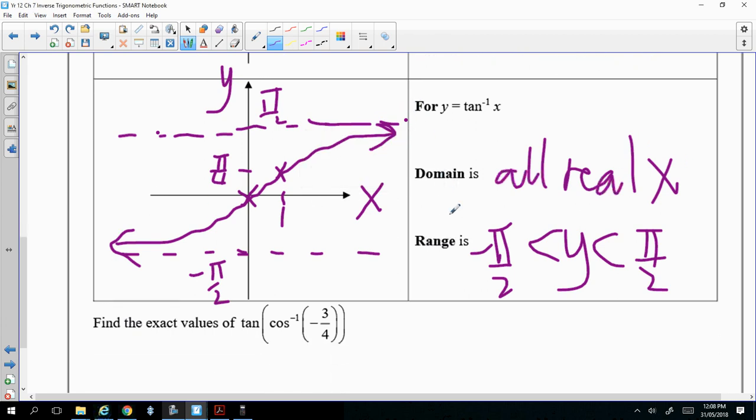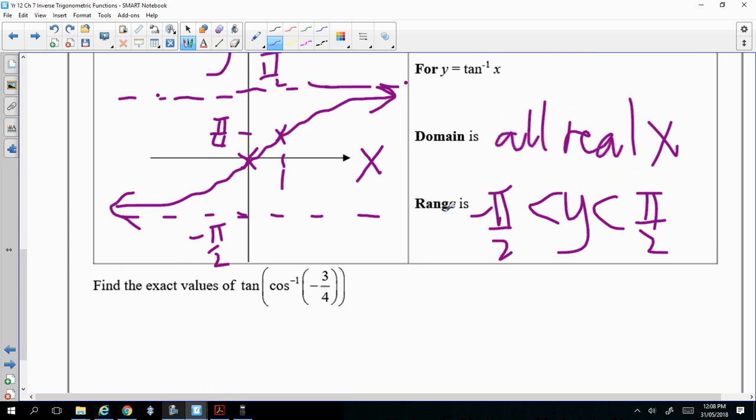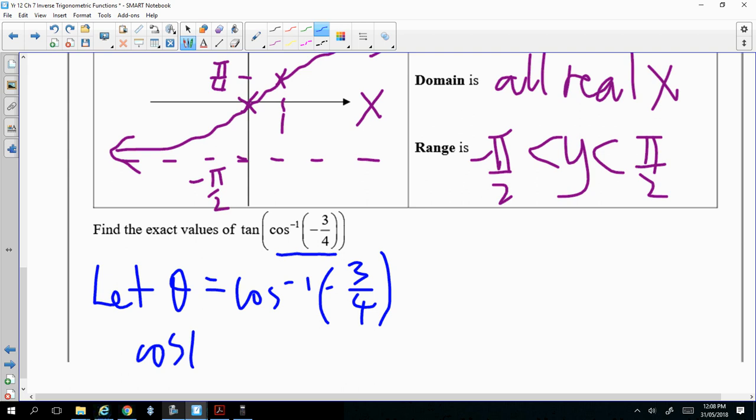We're going to do this question. Find exact values. All you have to do is let this equal theta, so let theta equal cos inverse of -3/4, and then you just write down cos theta equals -3/4. The negative means that theta is in the second quadrant.